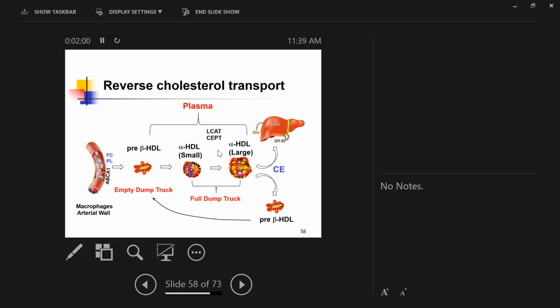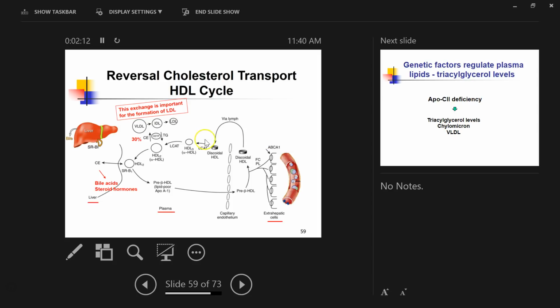The lipid exchange is basically between cholesterol esters and triglyceride, right? So the next slide probably gives you a better idea about the lipid exchange. Basically HDL gives cholesterol esters to VLDL, but receives triglyceride from VLDL, IDL, LDL, right?